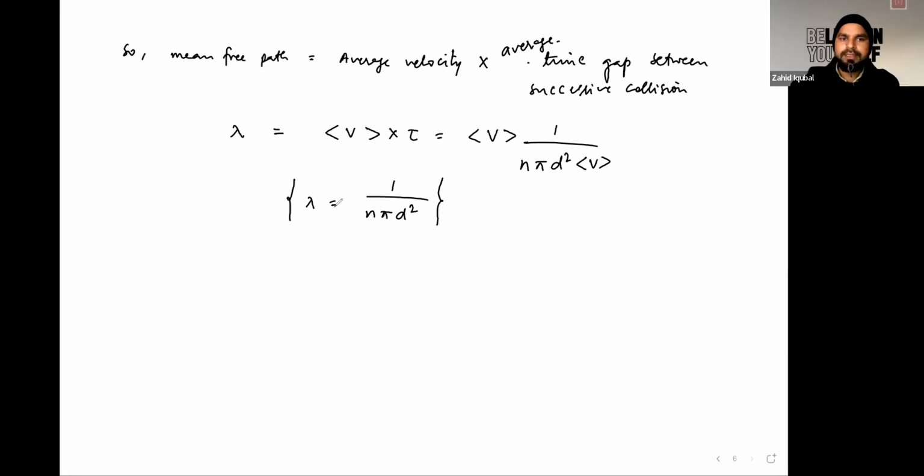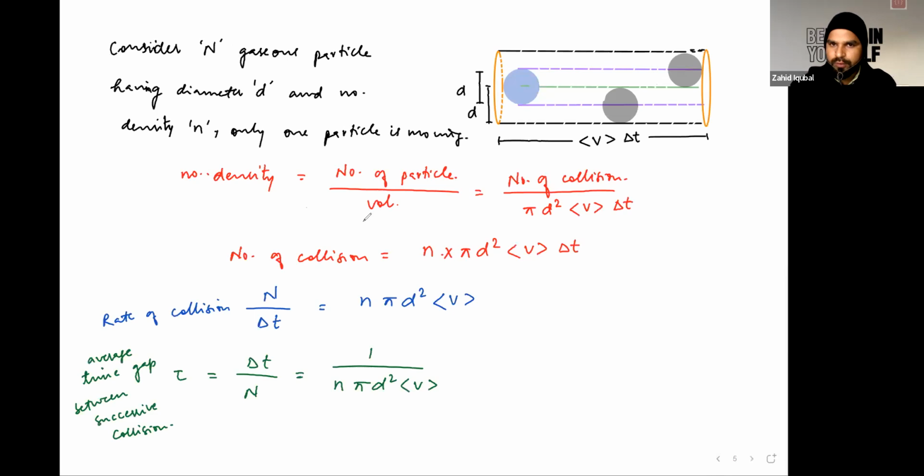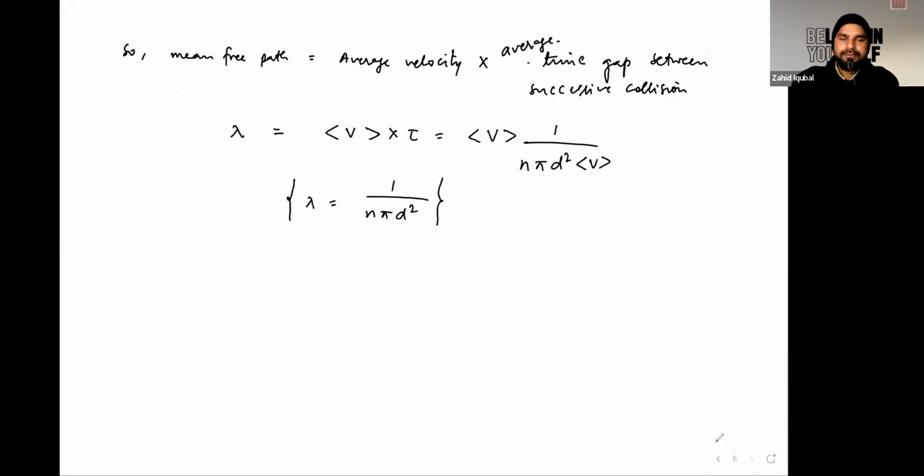Okay, in this derivation, we have assumed only one gaseous particle is moving and thus the whole volume is at rest. But that is not possible, since in a particular volume, all gaseous particles must be in motion with respect to one another. So it will be better to take the average of relative velocity between gaseous particles to derive this result.